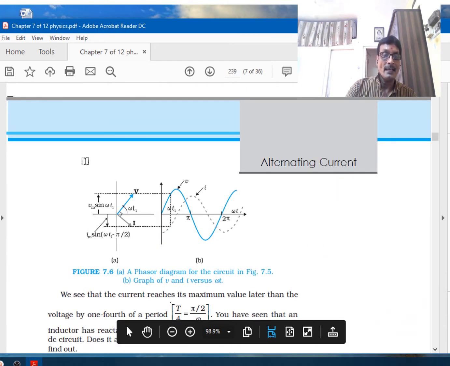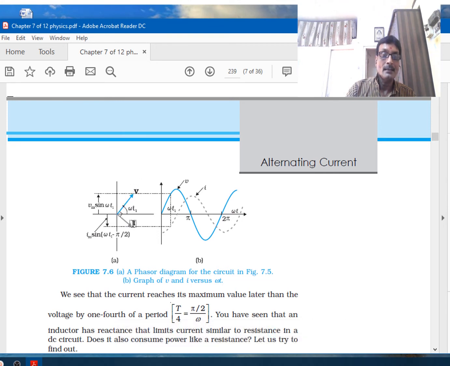Here we can see that at omega t1, for voltage and I, there is a difference of pi by 2.